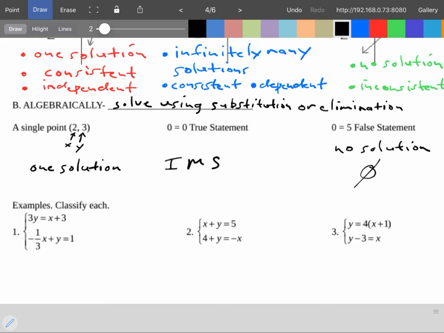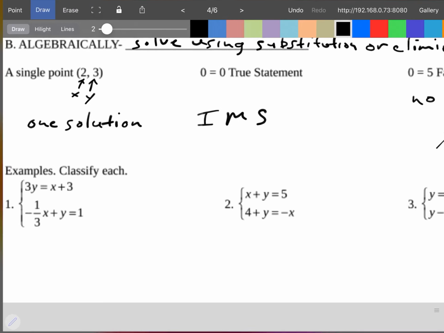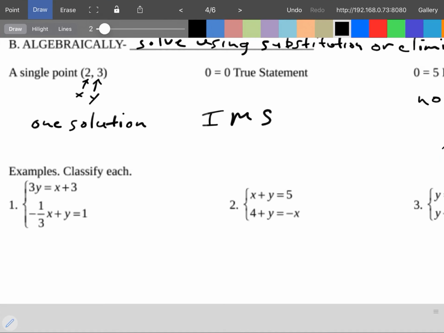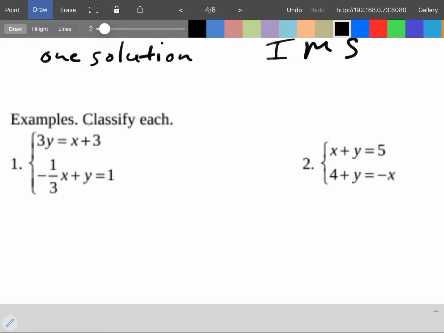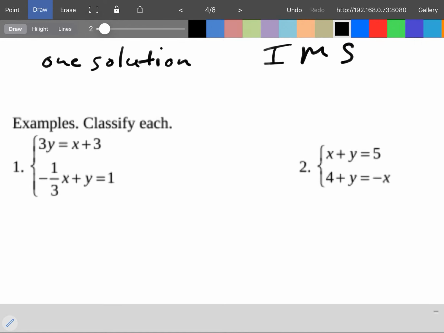All right, so then we've got to get through these three examples. You ready? So let's look at the three examples. Again, we're not really interested in what the solution is.